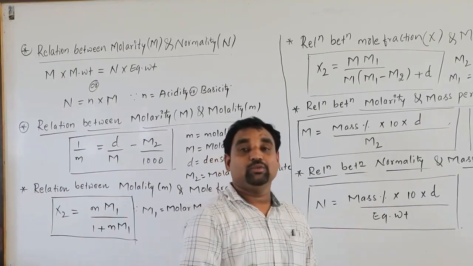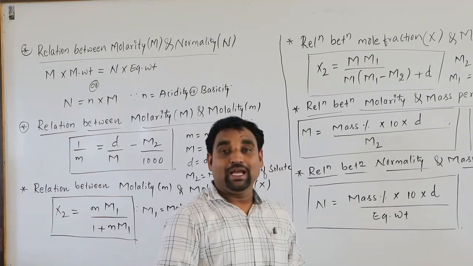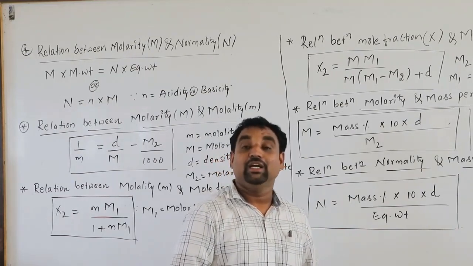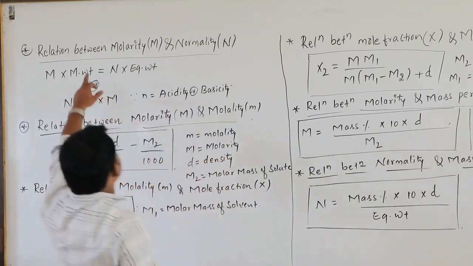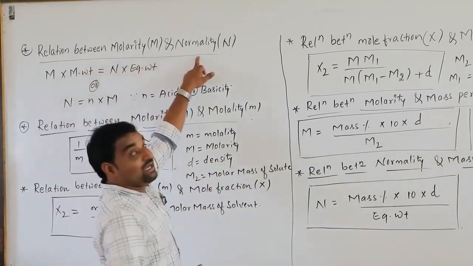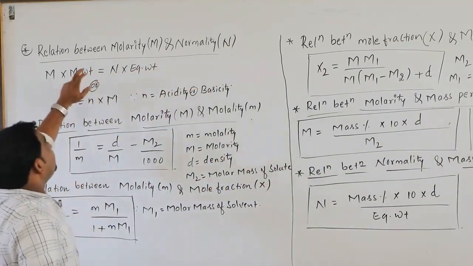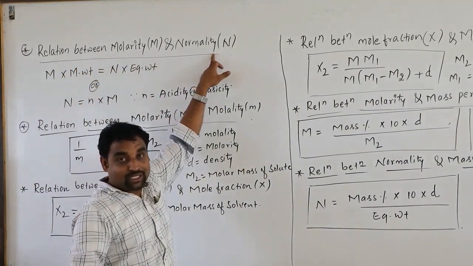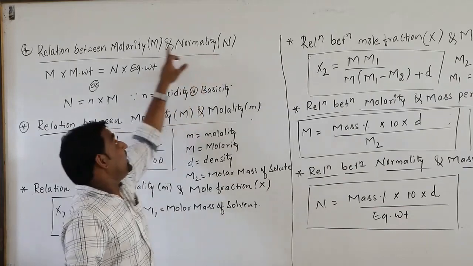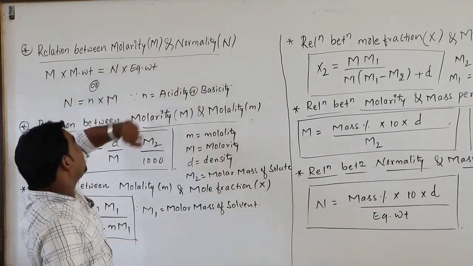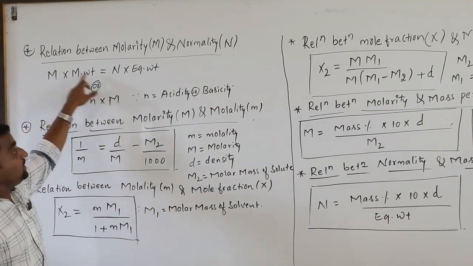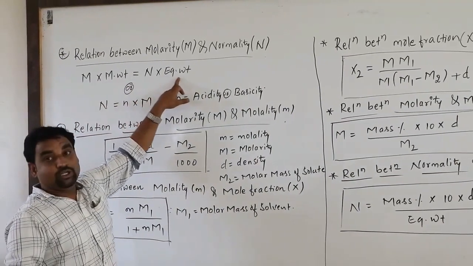Now we will discuss the relation between molarity and mole fraction, normality and mole fraction, and molality and molarity. First, the relation between molarity and normality. If they give the molarity and ask you to calculate the normality, or give the normality and ask for the molarity, we use the formula: molarity into molecular weight is equal to normality into equivalent weight.